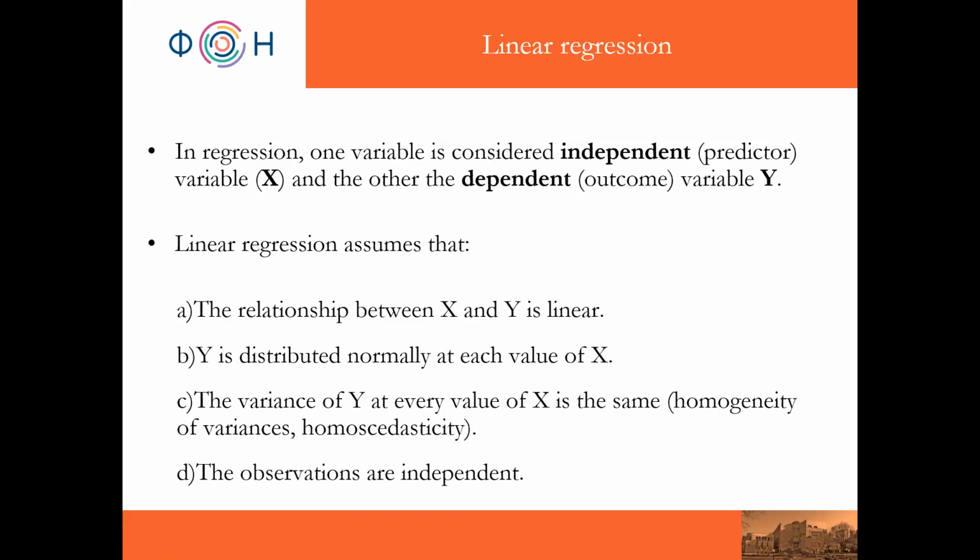So this assumption tells us and assumes that our dependent variable is going to take all those values by normal distribution. The next assumption is that the variance of our dependent one for every value of our independent one is the same. You might have heard this before. This is called homogeneity of variances, or homoscedasticity.